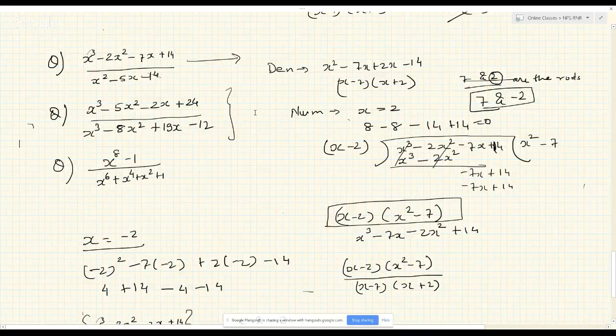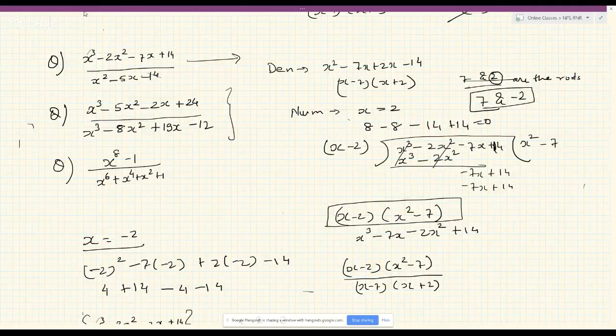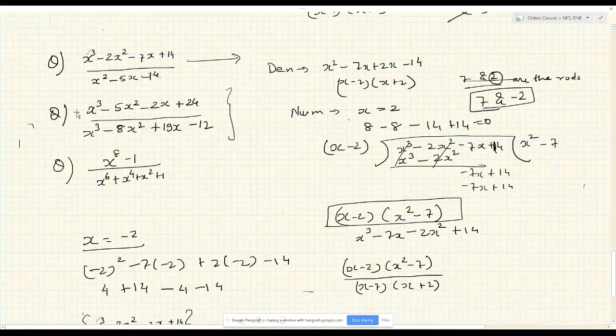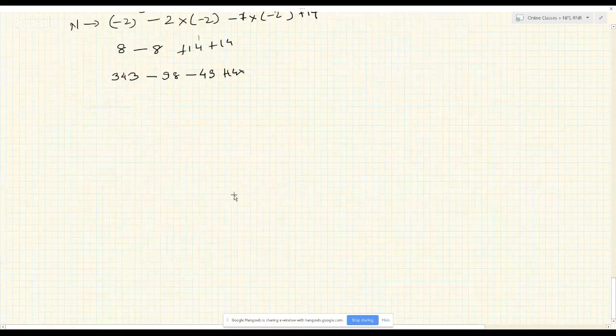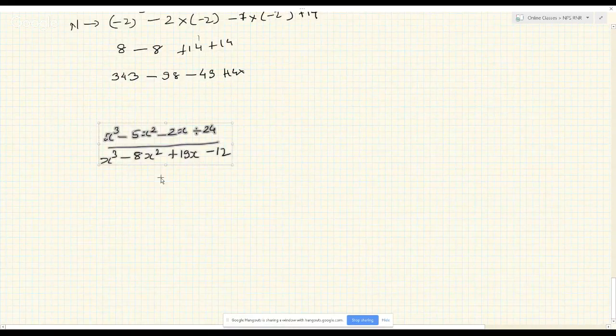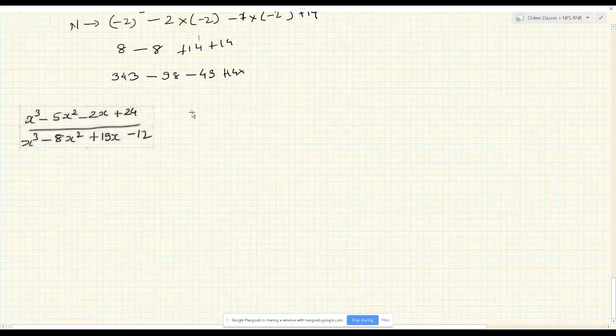So if you see in the denominator, let me just copy the second one. x plus 2 by x minus 1, Monika says. Let me check. This is the second one.